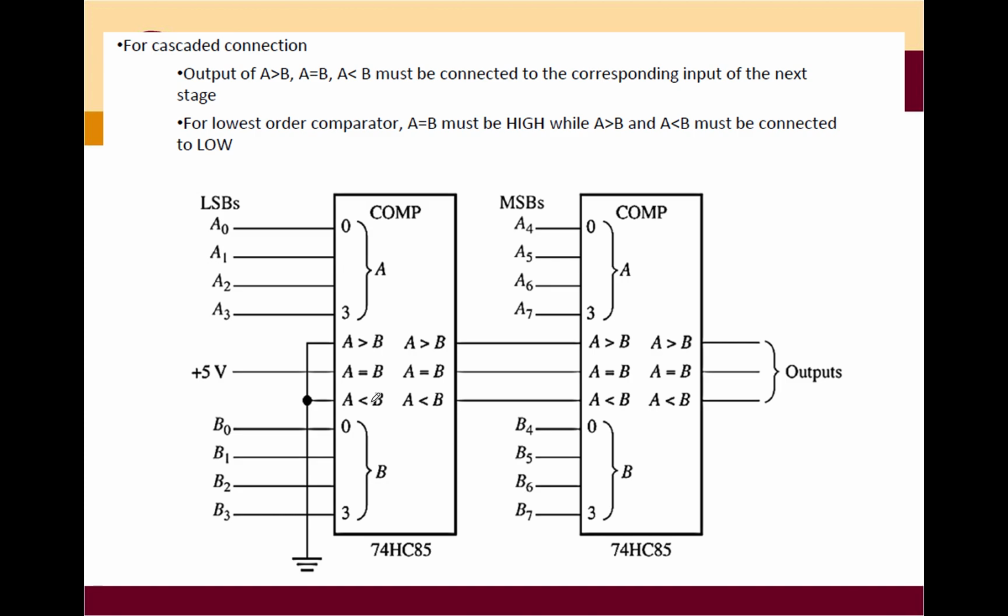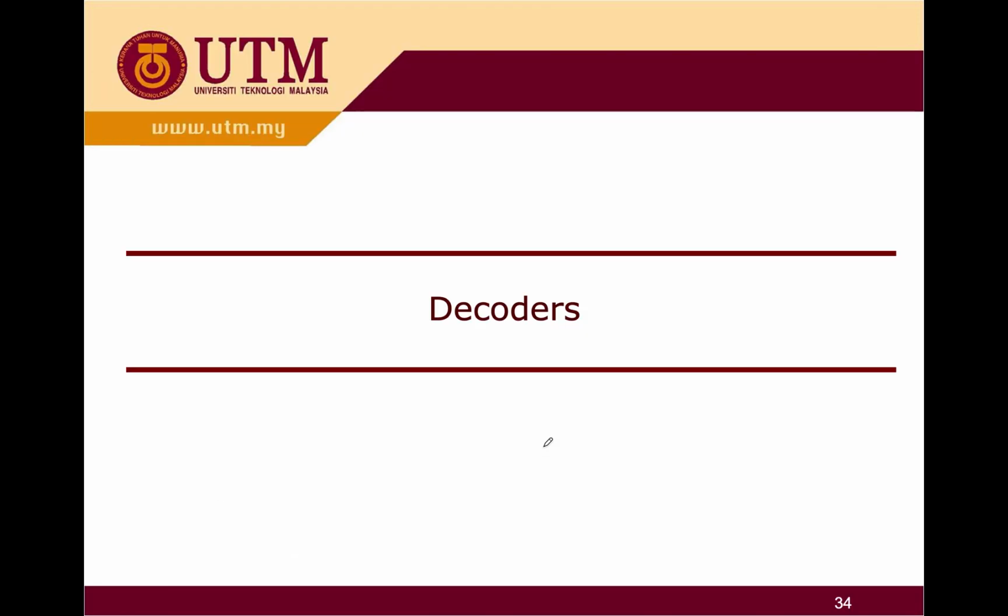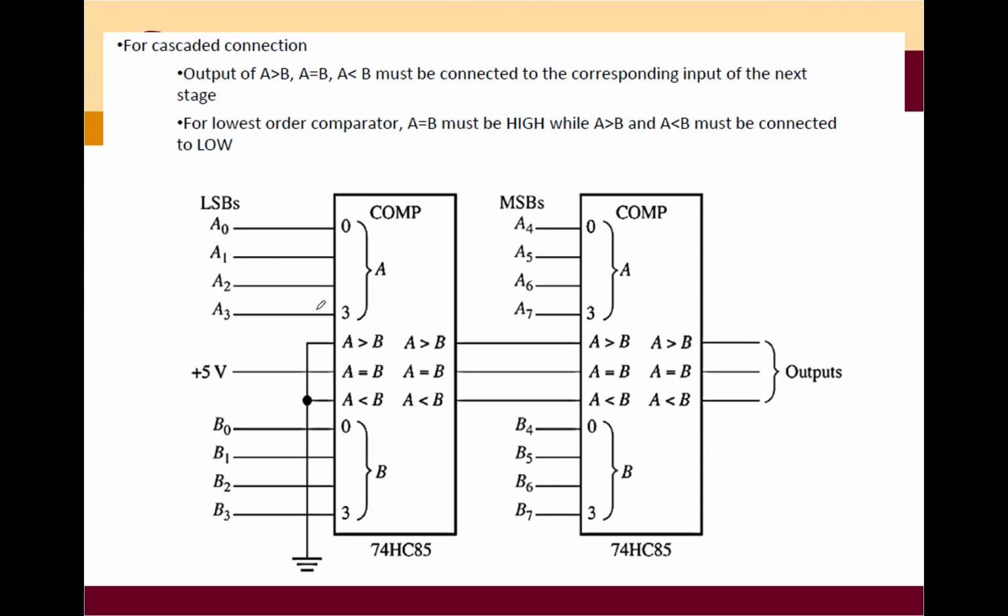You can see that this is another example of how you're going to combine them together. If you have one single comparator but you want to combine them, what happens after this? Because here you are comparing 8 bits, like 8-bit numbers.